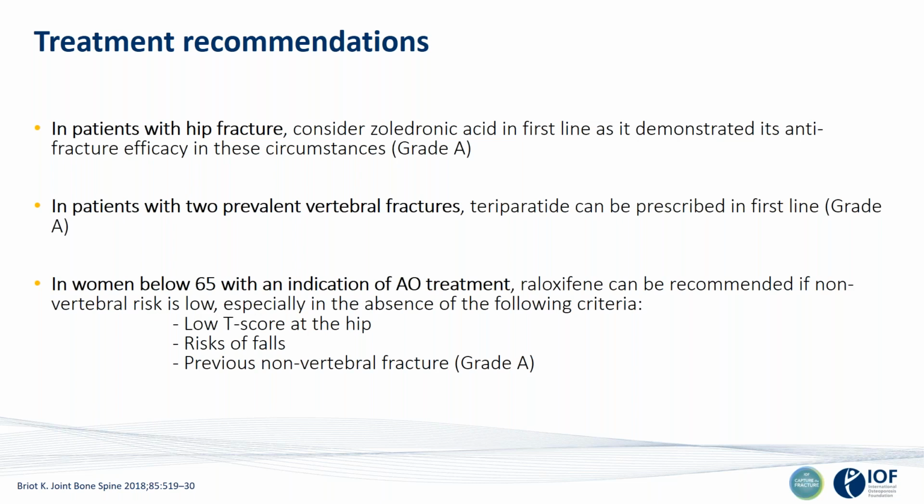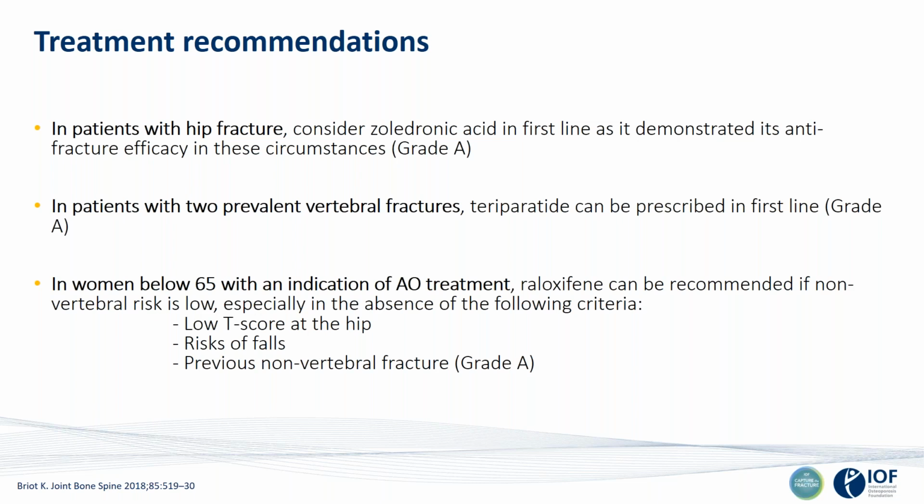But if you can use a bone-forming agent, that's probably the way to go, keeping in mind that you will have to do that in a sequential treatment, and you will have to use an anti-resorptive agent after the first 18 months of teriparatide. If it is a young woman below the age of 65 with a low risk of non-vertebral fracture, especially if it is not a patient with 4 or previous non-vert fractures, you can definitely use raloxifene.